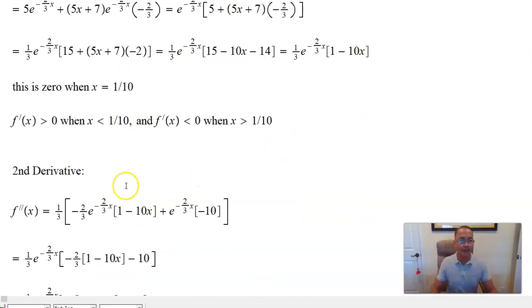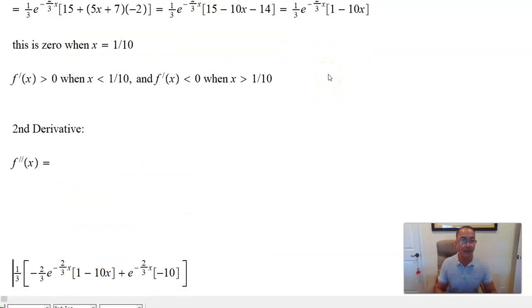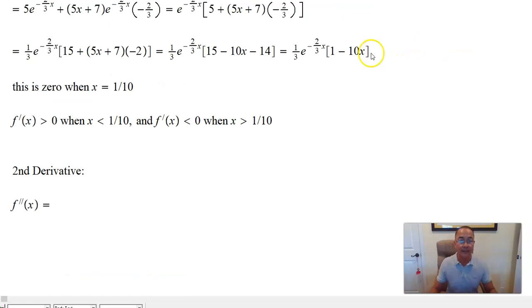Okay, so we are now ready to take the second derivative of our function. We have this as our first derivative, and we are going to apply the product rule once again. We have a constant here, so we can just leave that out of our derivative. You don't have to think of it as a triple product.